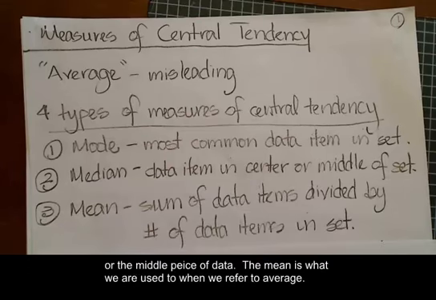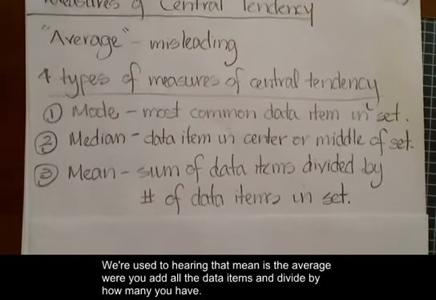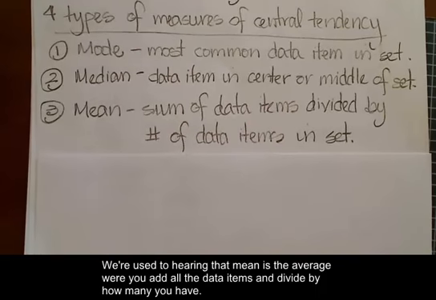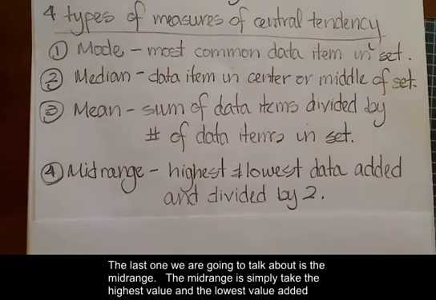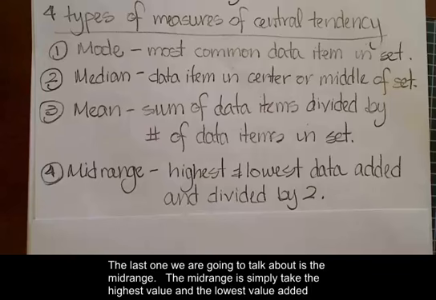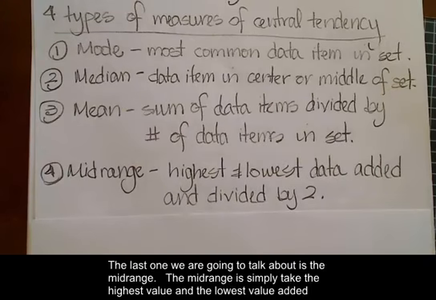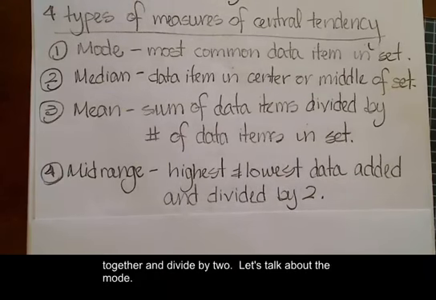The mean is what we're used to when we refer to the word average: you add up all the data items and divide by how many you have. And the last one we're going to talk about is the mid-range. The mid-range is simply take the highest value and the lowest value, add them together, and divide by 2.